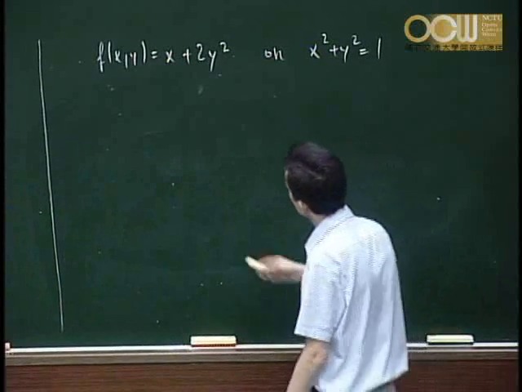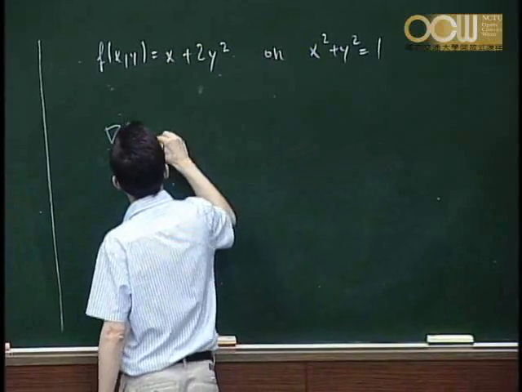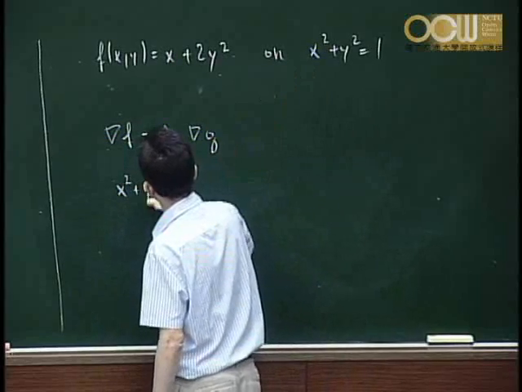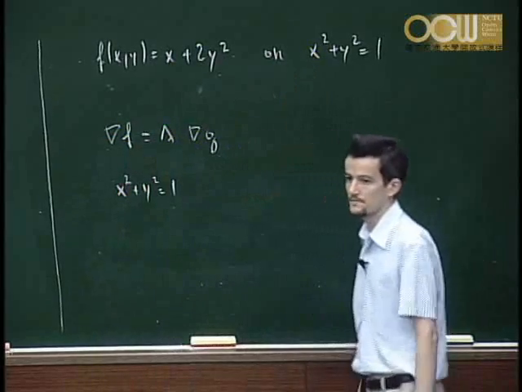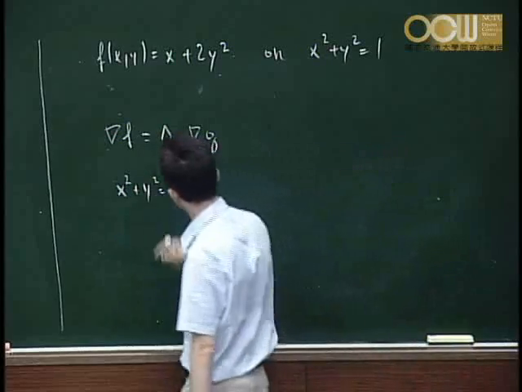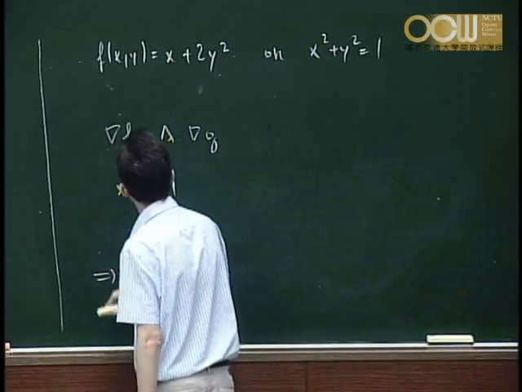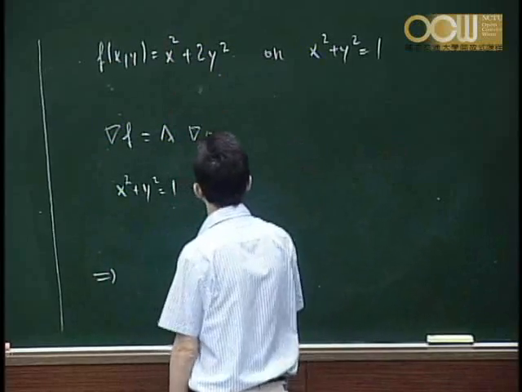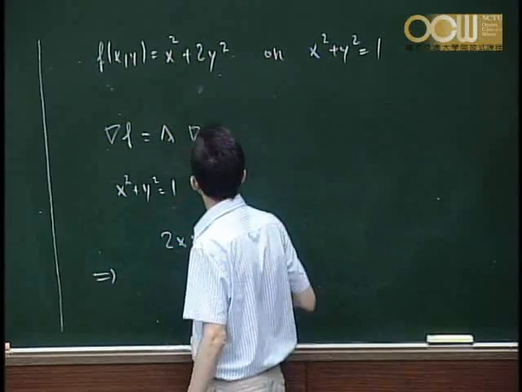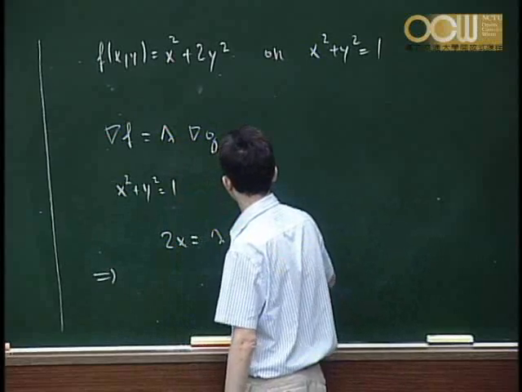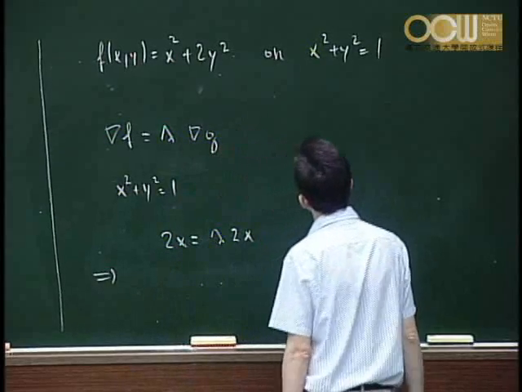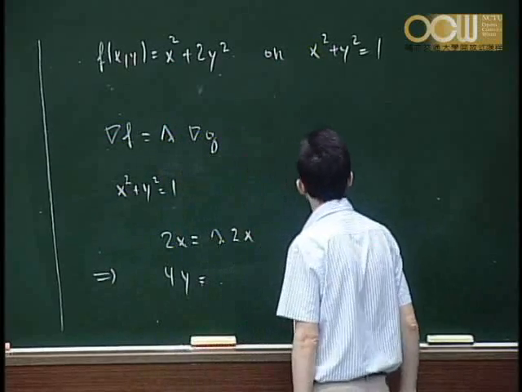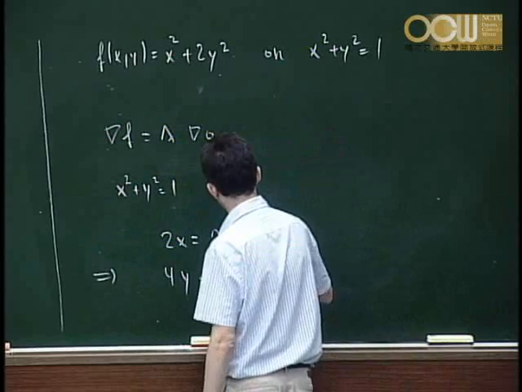So you have 2 equations. The first equation, sorry, this is x squared, reads as follows: 2x is equal to lambda times 2x. Then you have 4y is equal to lambda times 2y.